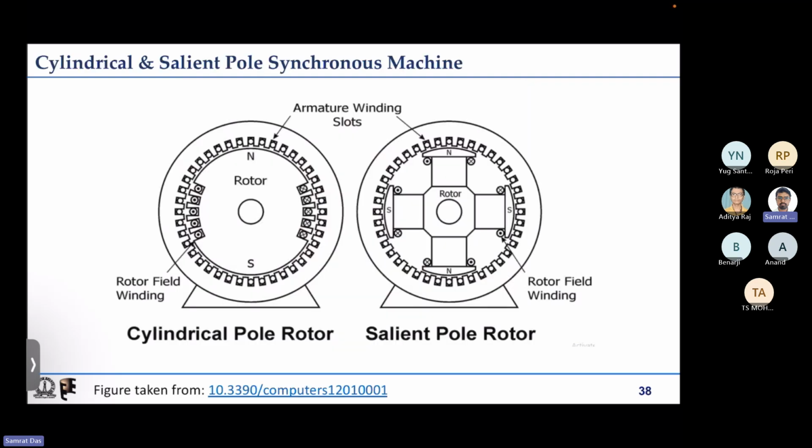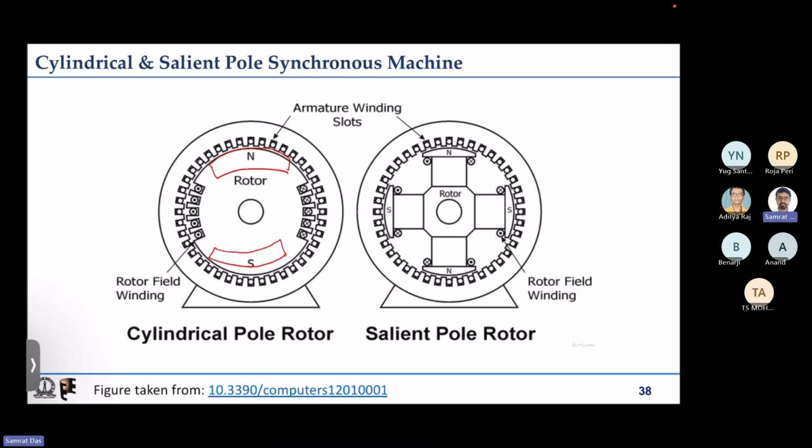Now we went on to see the two different types by only changing the rotor. That is, we could have a cylindrical rotor, or we could have a salient pole rotor. Here I discussed the permanent magnet. If we replace the winding with permanent magnets, then we could potentially have the same thing, because permanent magnets are already magnetized, so there is no need to magnetize them from an external source.